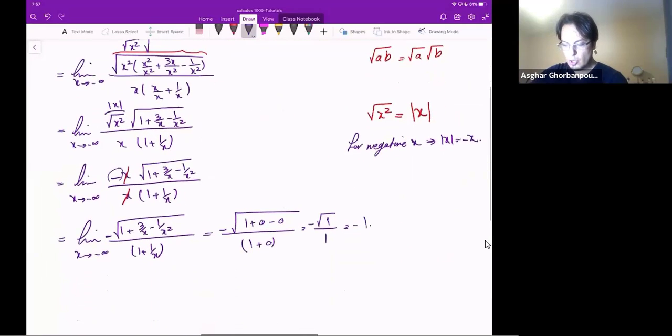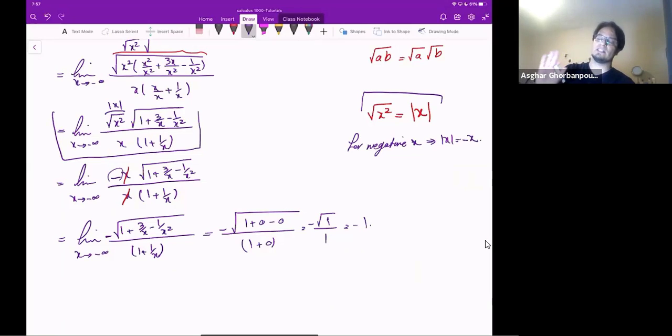Okay, so up to here, I'm assuming that it should be okay. The key point is this fact: root of x squared is absolute value of x. Never write root of x squared is equal to x. That's a huge mistake. But we are trying to let x go to negative infinity. It means that we are working with negative numbers.